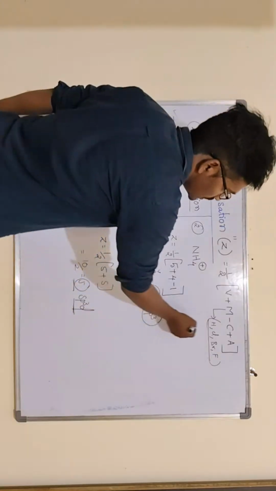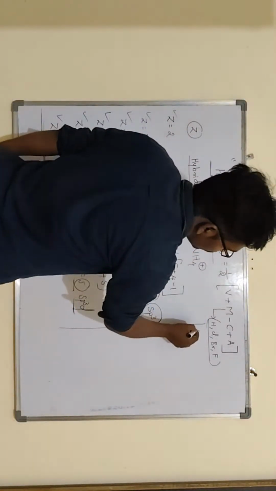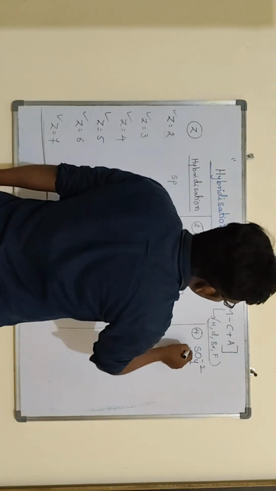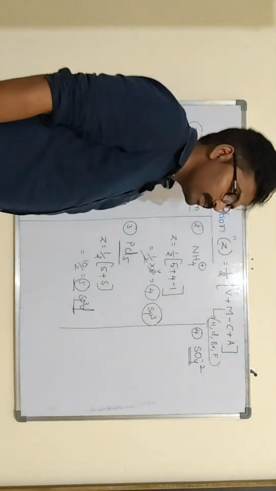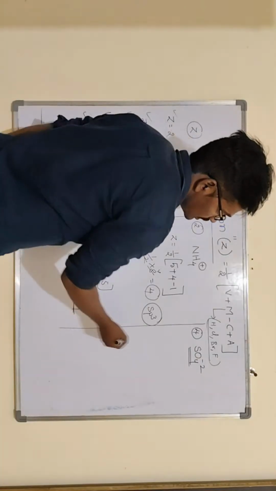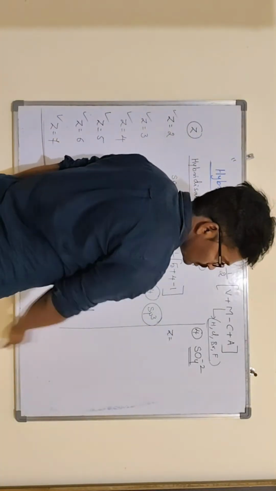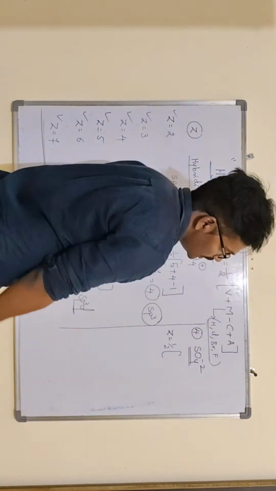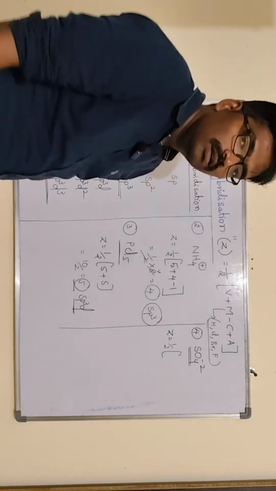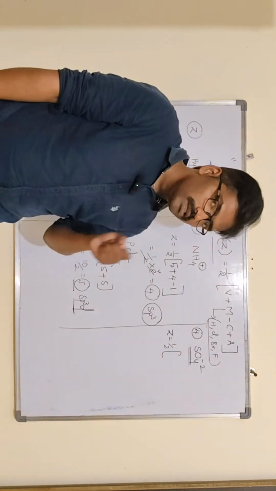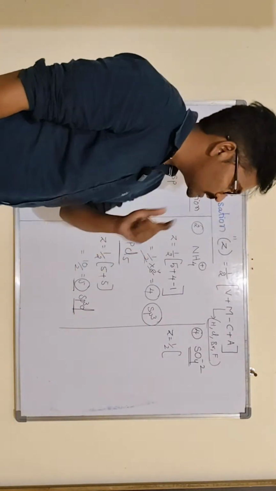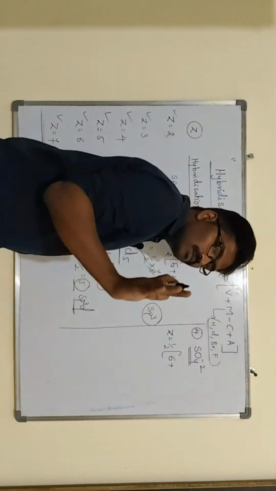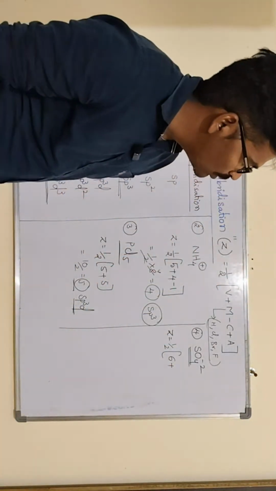So next one more example, fourth one, that is SO4 minus 2. So steric number you have to find out: 1 by 2 into V, valence electrons in the sulfur. Sulfur belongs to 16th group element, so 6 electrons are present. 6 electrons plus monovalent atoms. There is no monovalent atoms.